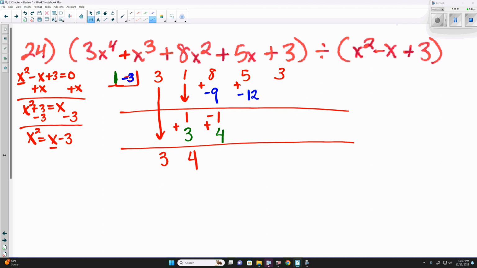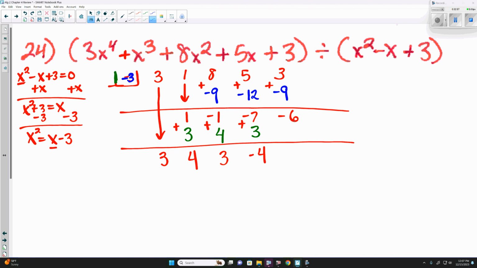Negative 1 plus 4 is 3. 5 plus negative 12 is negative 7. Then we're going to do this again. We'll have 1 times 3, which is 3. Negative 3 times 3 is negative 9. And again, we're going to add straight down. Negative 7 plus 3 is negative 4. 3 plus negative 9 is negative 6.